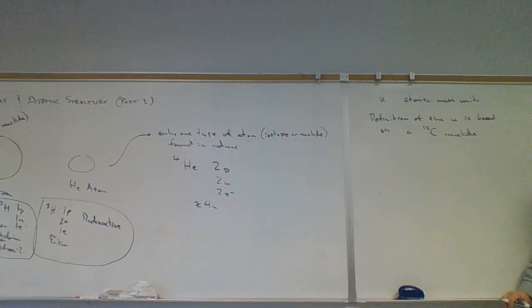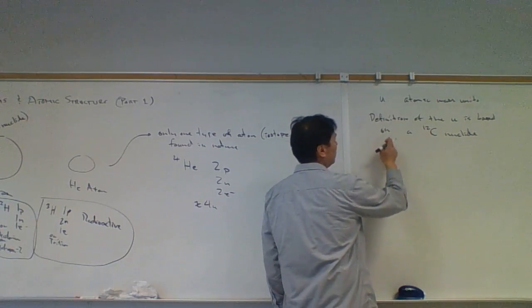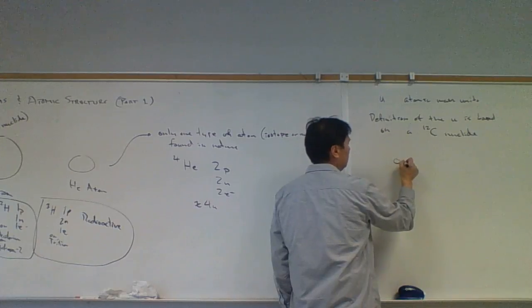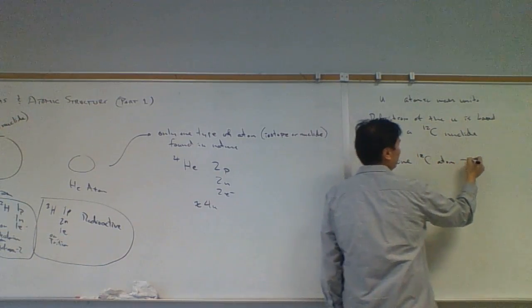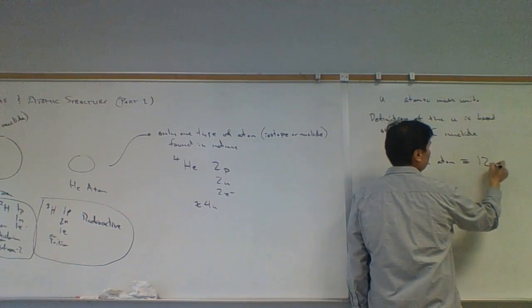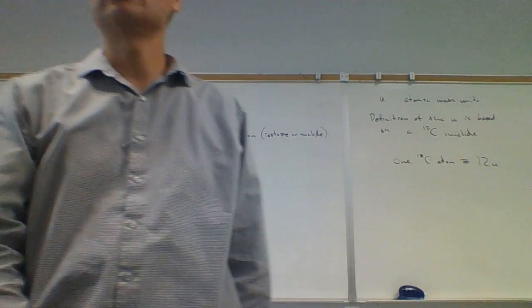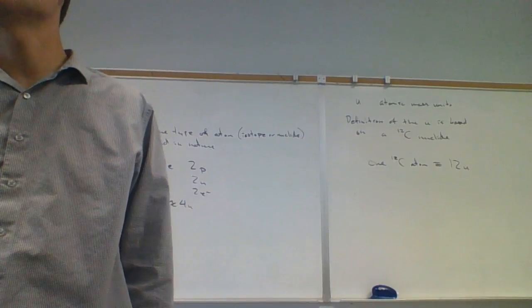If you have graphite or amorphous carbon, it's cheap and easy to obtain in fairly high purities. But anyway, the definition of the U is based on carbon-12. And so one carbon-12 atom is defined as weighing exactly 12 U. This is a totally arbitrary definition.